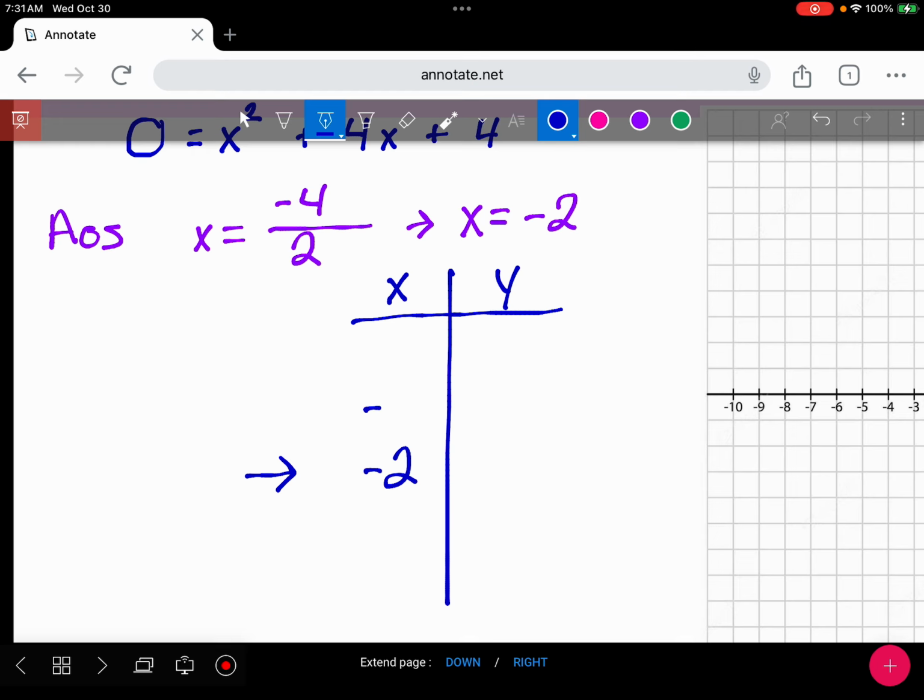So we're going to use x's of negative 1 and 0, and negative 3 and negative 4, because we need to go onto both sides of the equation. So what we're going to do is type in our equations, add our values to find our points.